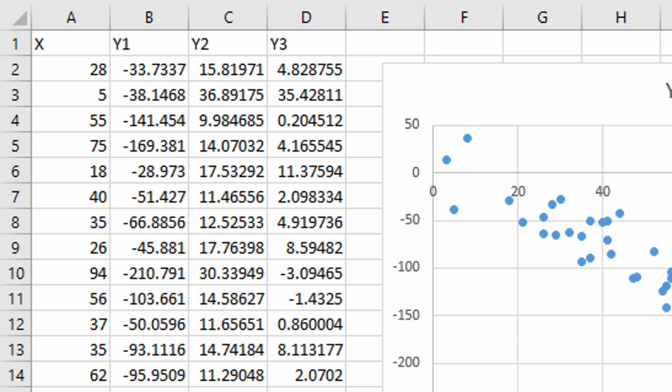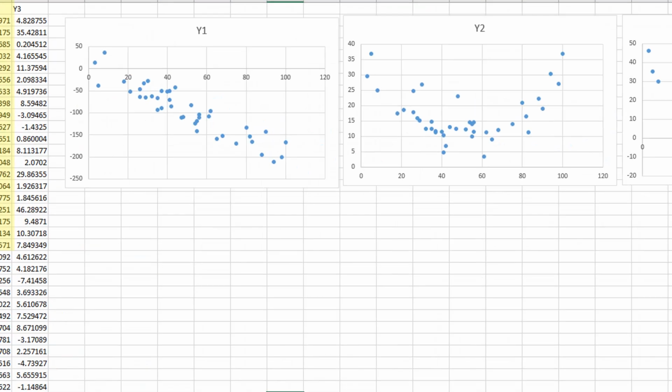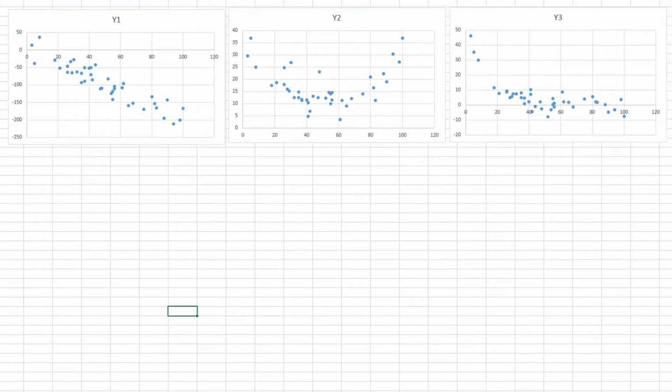Sometimes we'll call the predictor variable an independent variable, and the response variable we call the dependent variable because its value depends on the x variable. So in all these cases, I've plotted the same variable x across the horizontal axis, and the vertical coordinate for these points is either the value y1, y2, or y3.